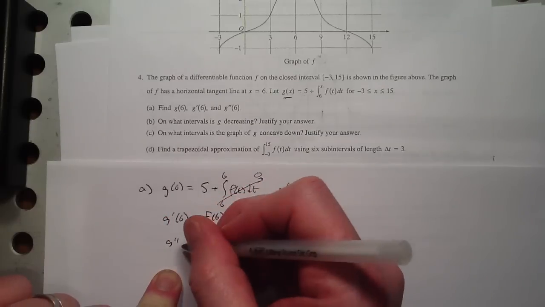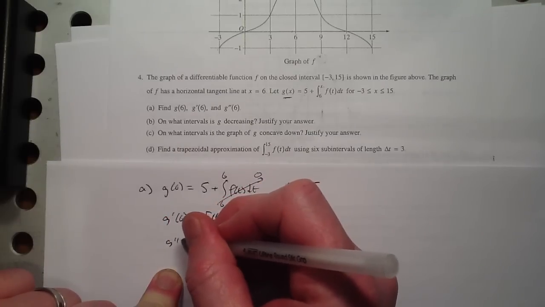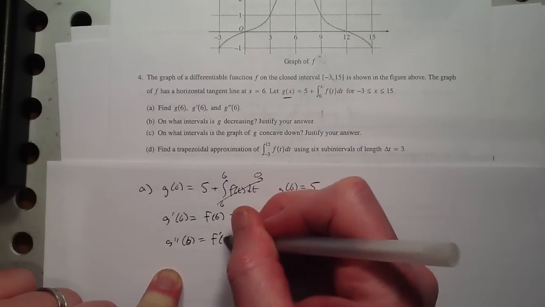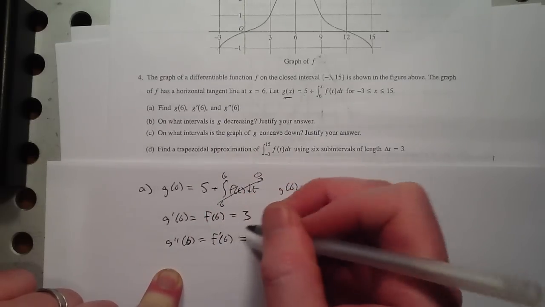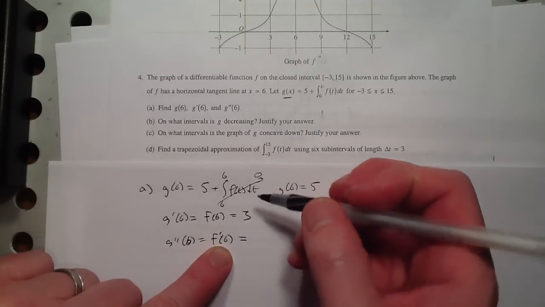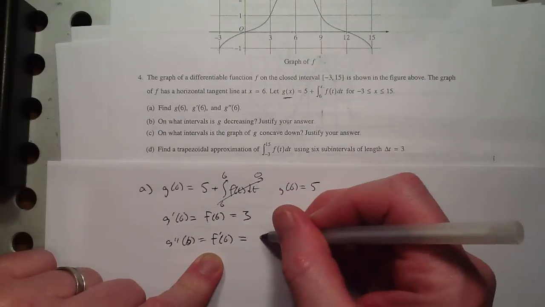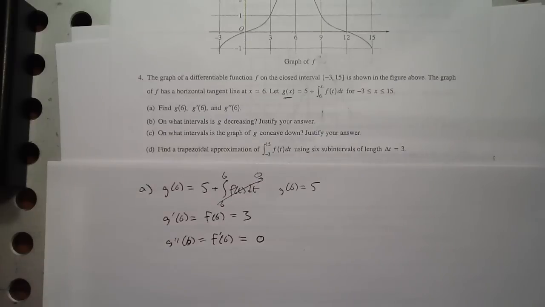Second derivative of the g function is equal to the first derivative of the f function, right? And f prime of 6, that's the slope here. It's got a horizontal tangent line there, so that would be 0. So 5, 3, and 0 for those.